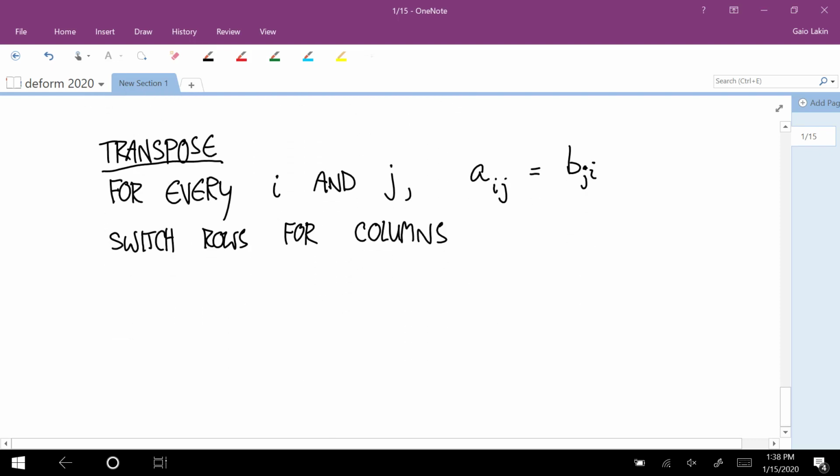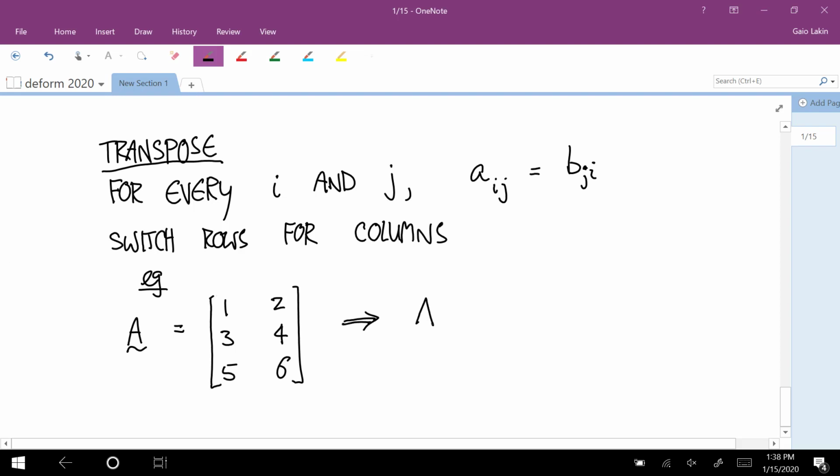For example, if you have this matrix A that's 1, 2, 3, 4, 5, 6, then A transpose is: the first row is now the first column, the second row is now the second column, and the third row is now the third column.